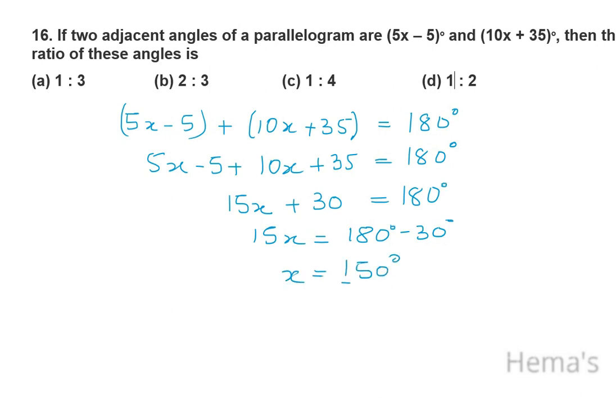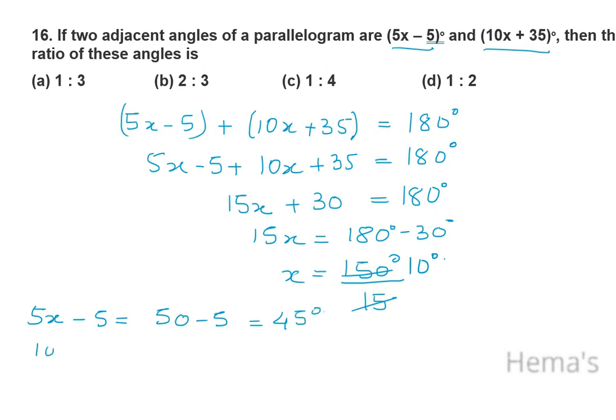Now 15x is equal to 180 minus 30 degrees, which is equal to 150 degrees. Therefore, x is equal to 150 divided by 15. This will give you 10 degrees. So x is equal to 10 degrees. 5x minus 5, which is equal to 5 into 10 is 50 minus 5, is equal to 45 degrees.